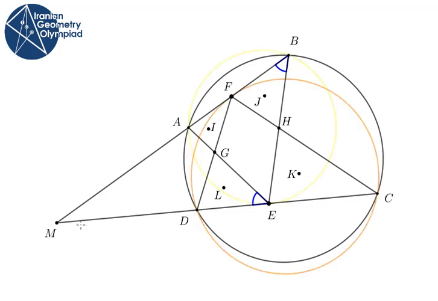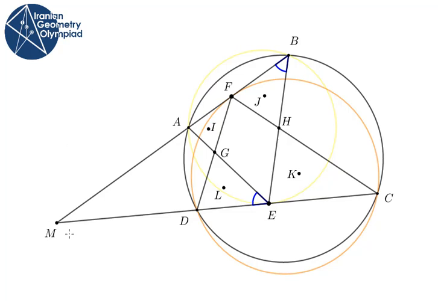Now, MD times MC is power of point M with respect to black circle and orange circle. And also MA times MB is power of M with respect to black circle and yellow circle.